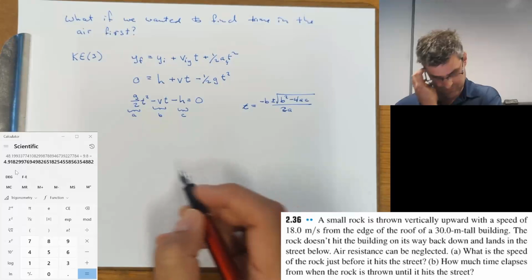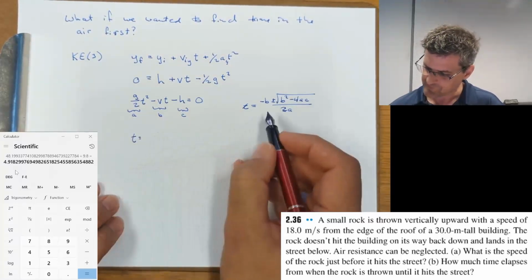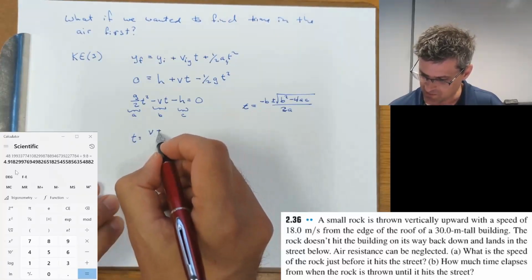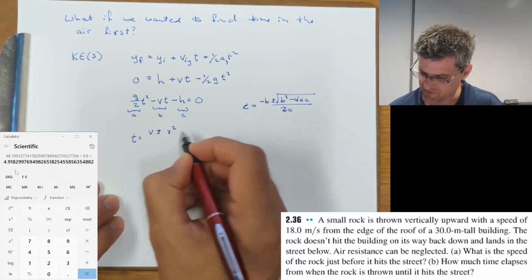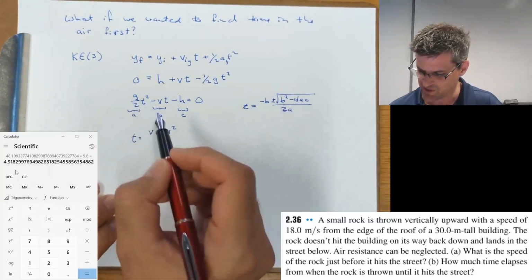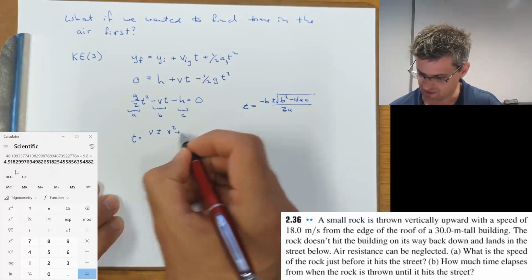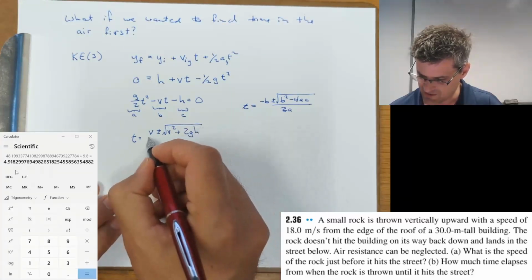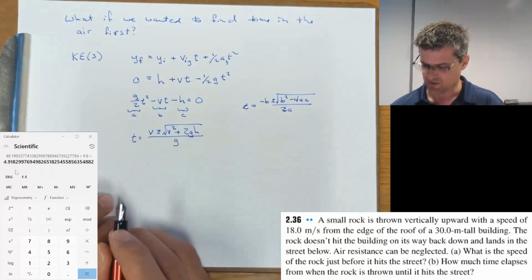So from this we see that the time is going to be minus b, which is v, plus or minus the square root of b squared, which is v squared, minus 4a, which is 2g, times minus h, 2gh, over 2 times a, which is g.